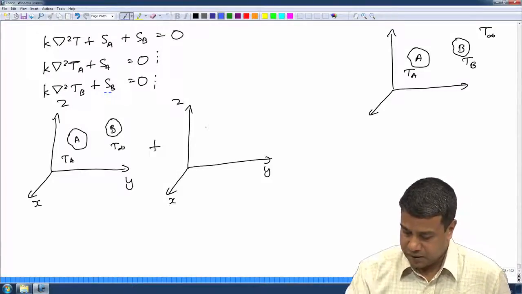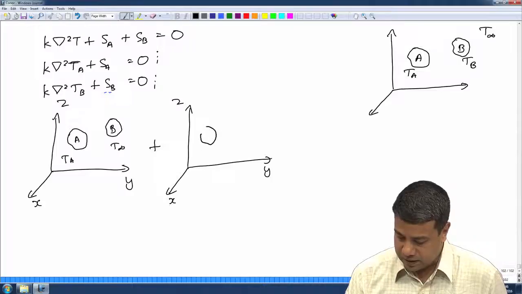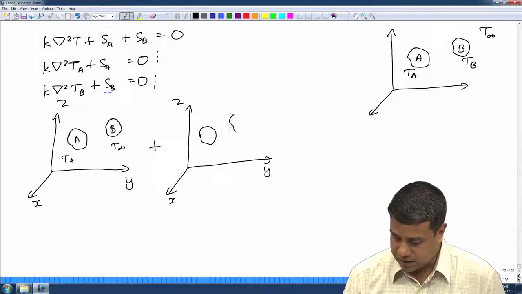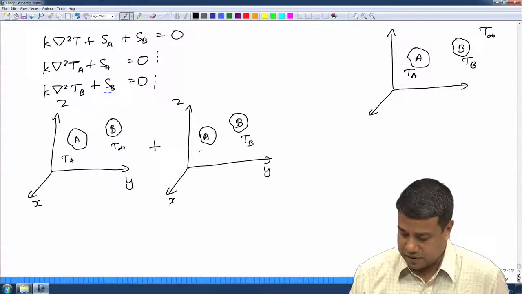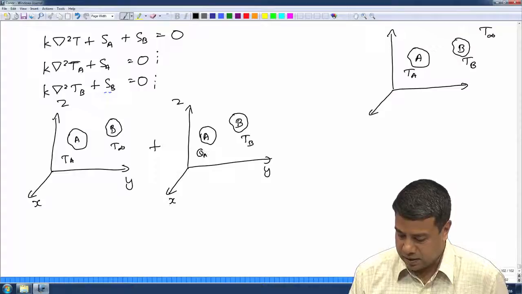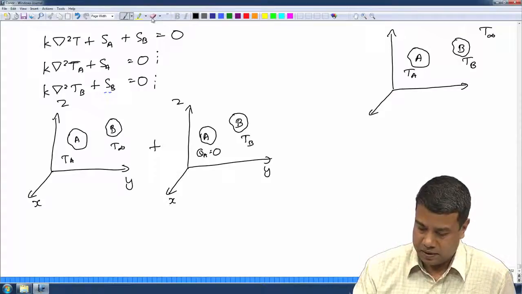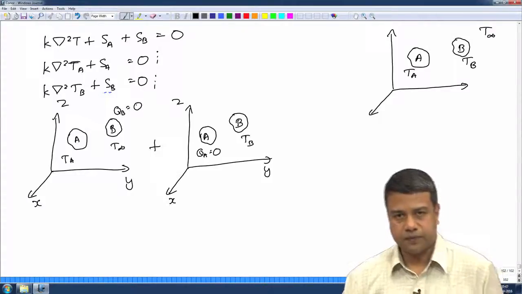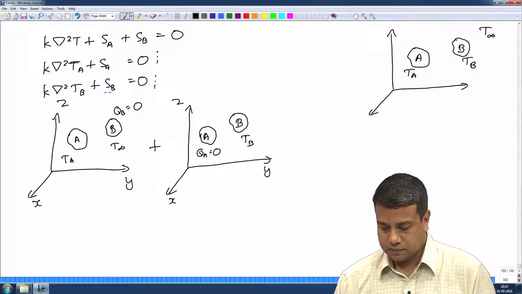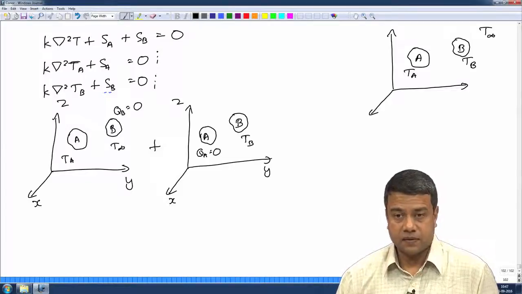And the second problem where I have object A and object B. Now, object B is at temperature T B, but you require that the net flux coming out, Q A, has to be equal to 0. Whereas, in the first problem I require that Q B has to be equal to 0. So, this is a valid decomposition.